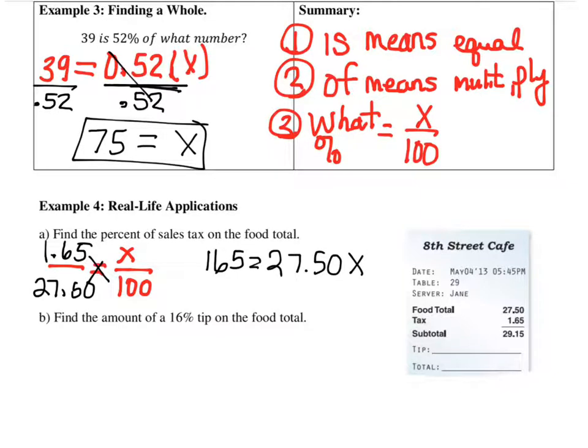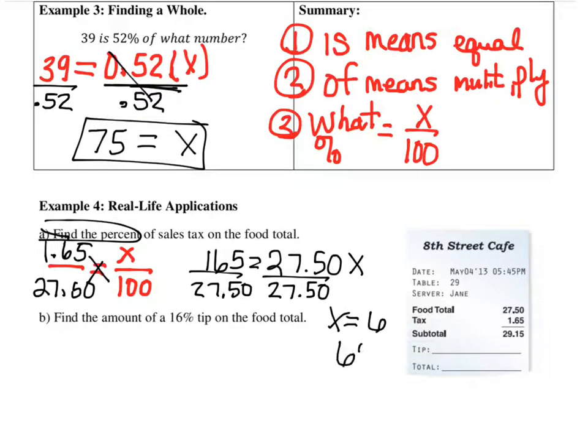We need to divide by 2750. So make sure you're showing all these steps here so we can see what we have going on. We have x equals 6. And this is find the percent. So x equals 6 means that that is a 6% sales tax.